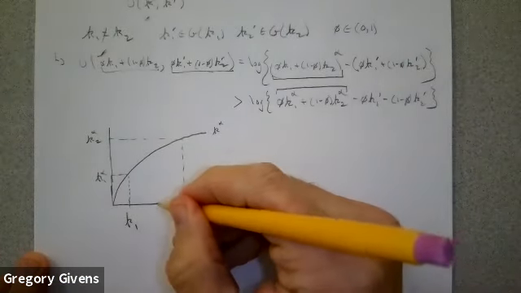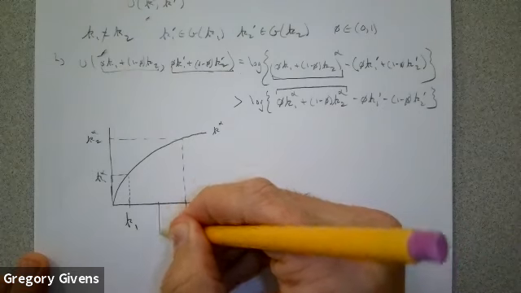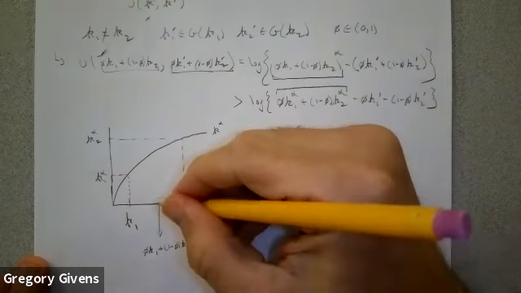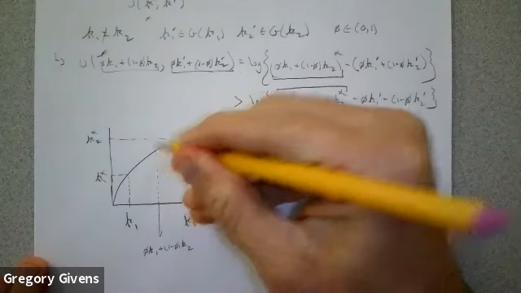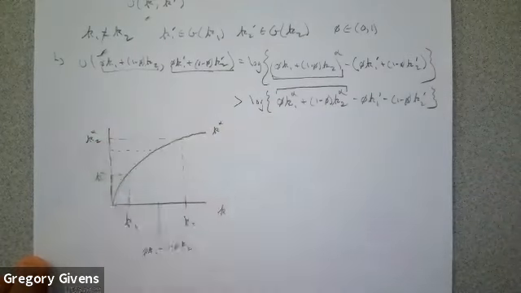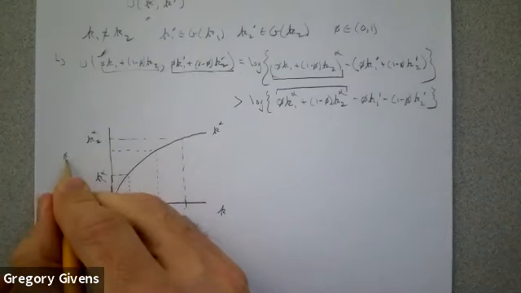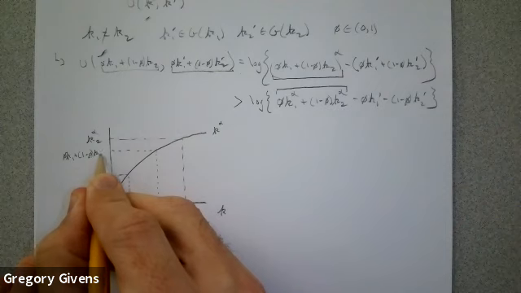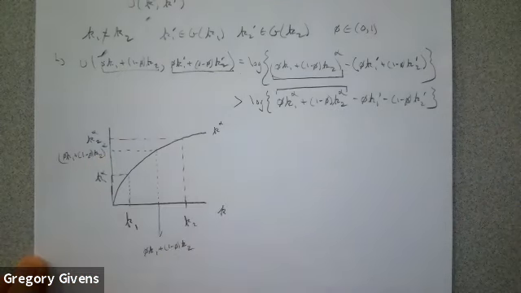Let's take a point between k1 and k2, which is phi k1 plus 1 minus phi k2, right? If phi is 1/2, it's exactly halfway between the two. What is this point then? That would be phi k1 plus 1 minus phi k2, all of that to the alpha, right?